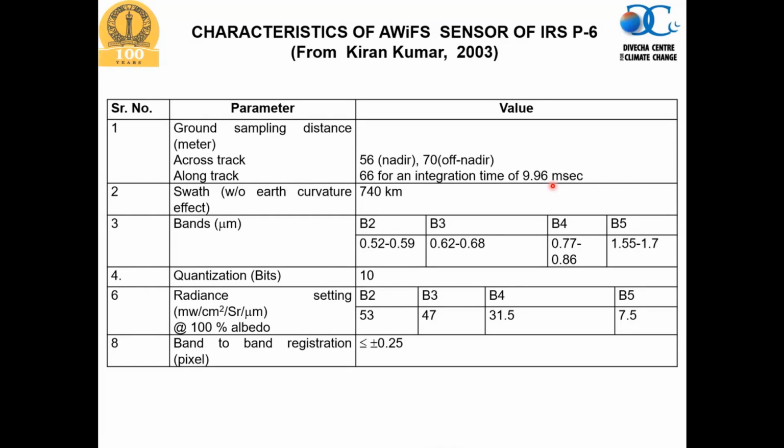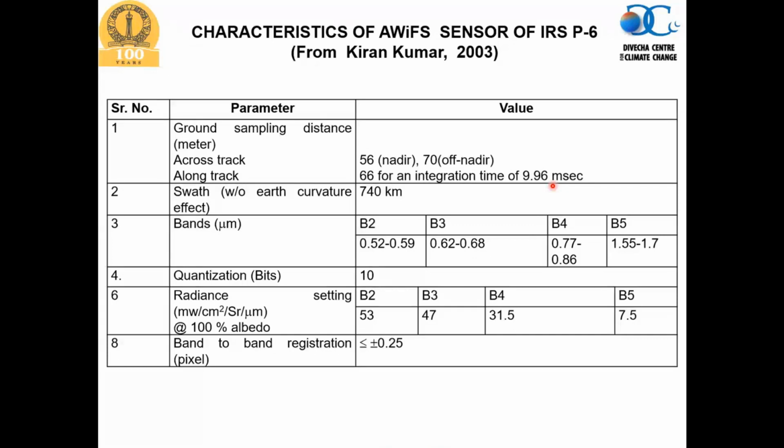In the process, you are going to make certain compromises on your radiometry. You have to be very clear about this. So up to that extent, the original radiation characteristics will be slightly modified as we go on resampling.